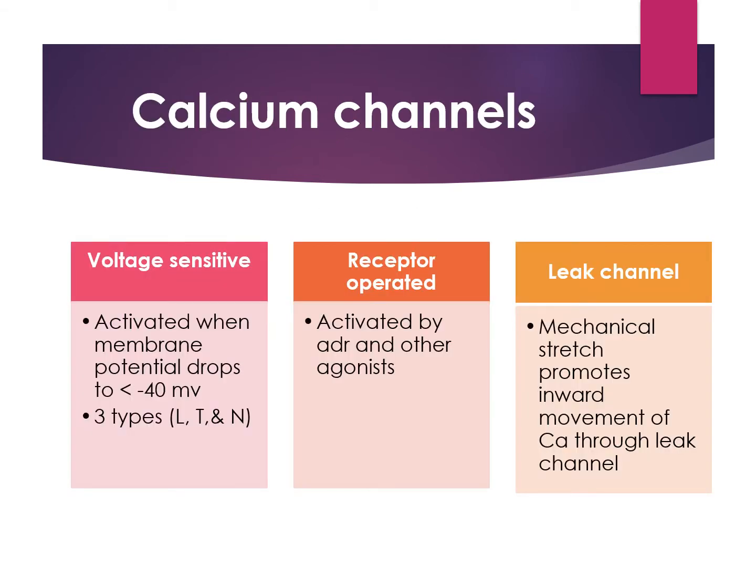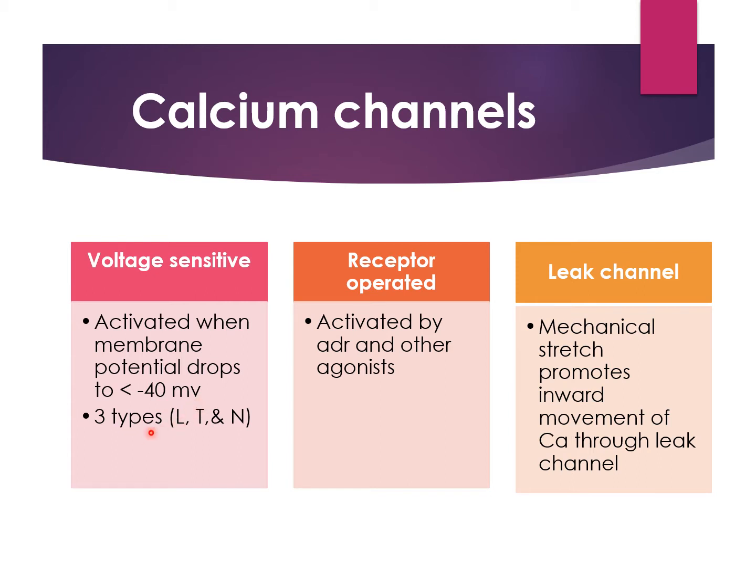Now coming to calcium channels. There are basically three types of calcium channels. They are voltage sensitive, receptor operated or mediated, and leak channels. The voltage sensitive channels are activated when membrane potential drops to minus 40 millivolts.